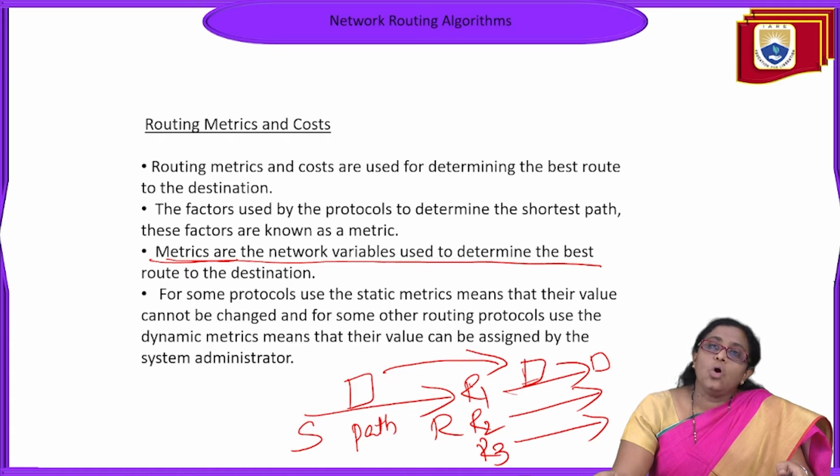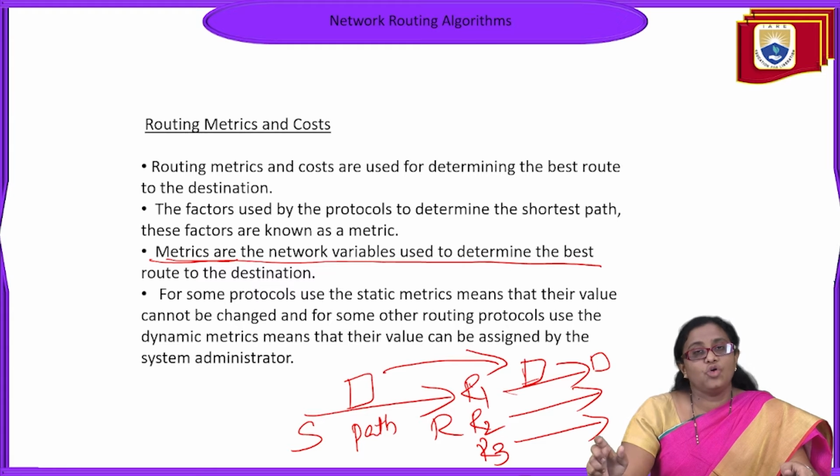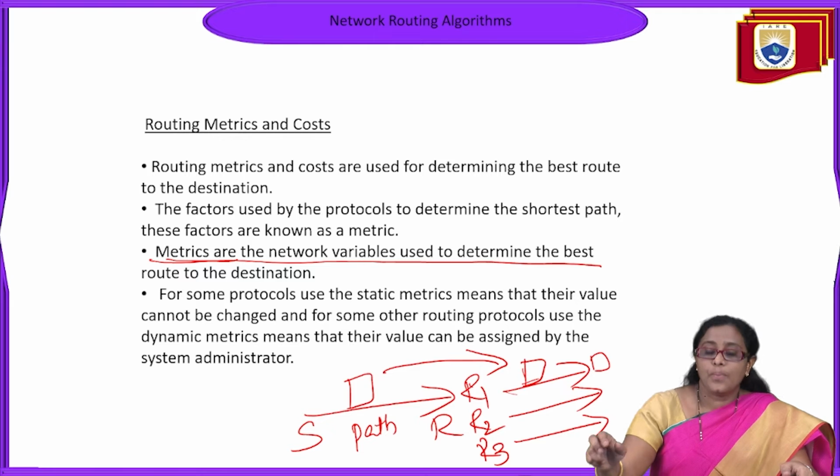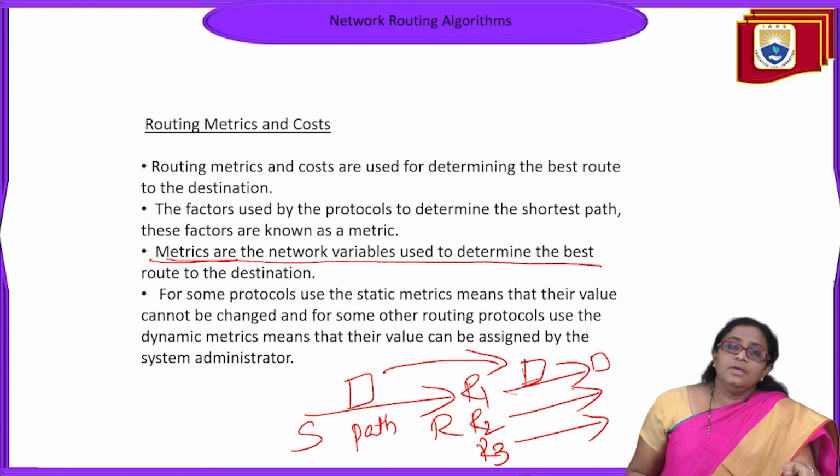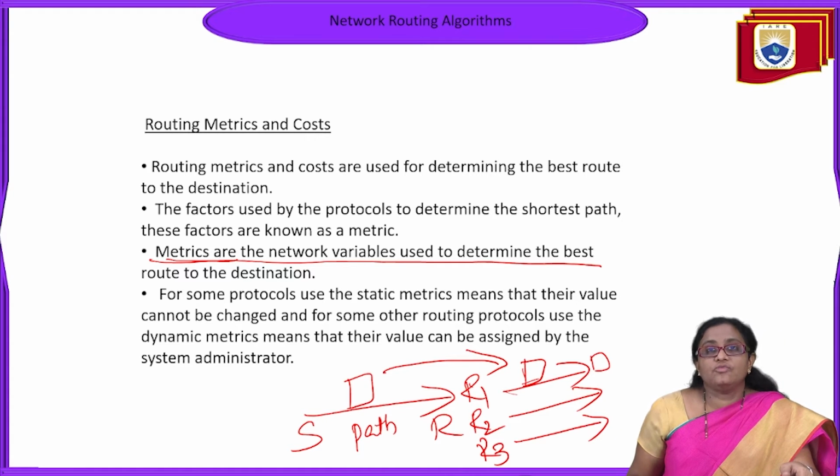Routing metrics and cost are used for determining the best route when the packet travels or is forwarded from one node to another node or from one source to the destination. Which path should be the best and which is the shortest path to reach its goal or destination as early as possible. These are the main uses of the routing metrics and cost.